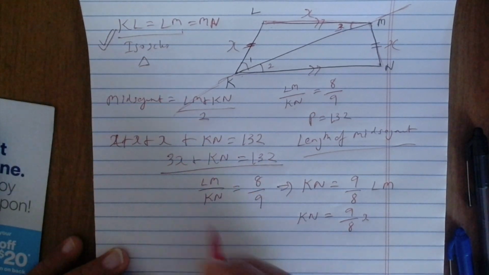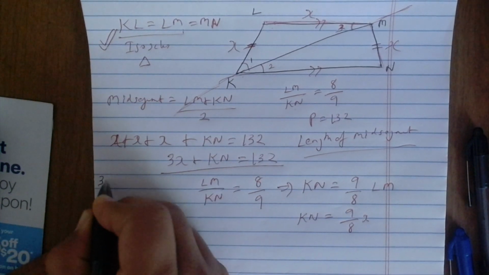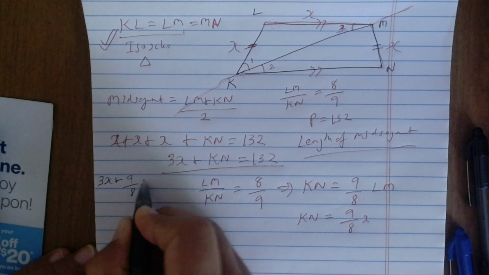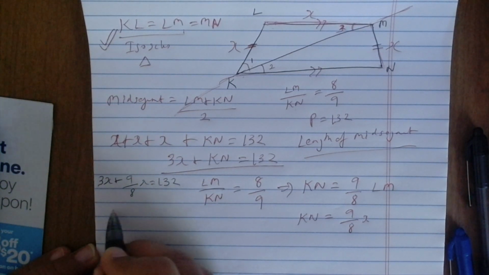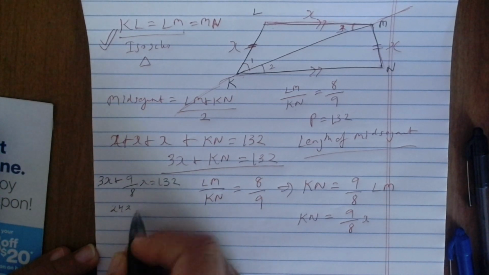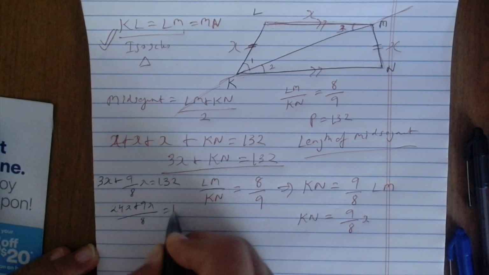Let me do it with a separate pen. So 3x plus 9 by 8 x equal to 132. You solve this equation. So 24x plus 9x, divided by 8, is 132.